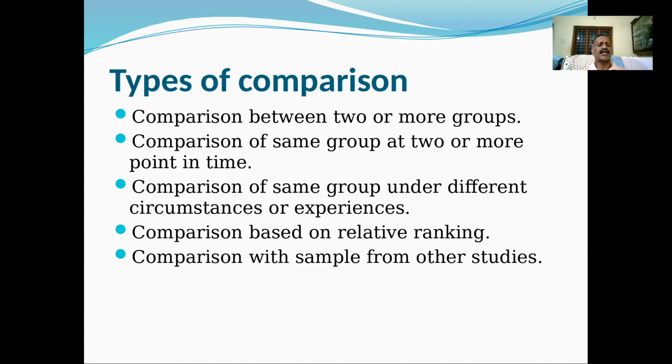A third type of comparison we can make is the comparison of the same group under different circumstances or experiences. As I mentioned before, many experiences are given, and we compare the same group under different circumstances. When we give one experience, how do they react, and with another experience, how do they react? For example, we expose a newborn child to a warmer at some temperature, for example 25 degrees Celsius, and see how they react and what their vital parameters are.